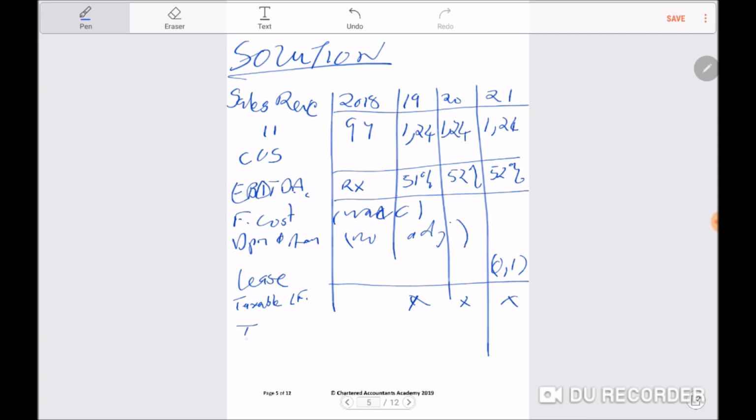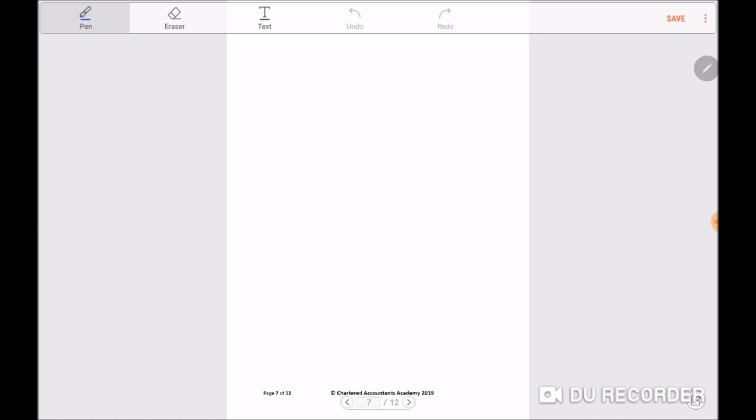From here we now calculate our tax, and on our tax let's just do a working so that it makes it easier. If you make your working for our tax, so this is our tax computation working 1. So we're just going to take those figures that we got.